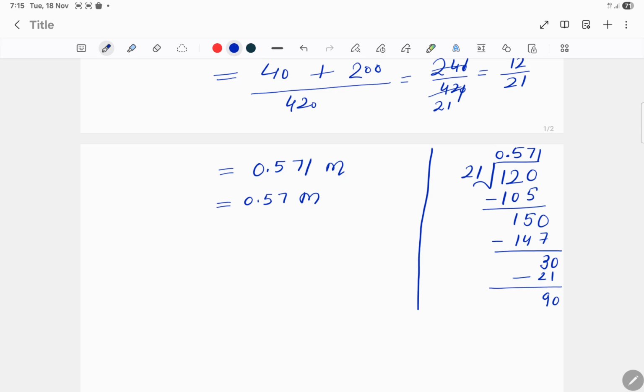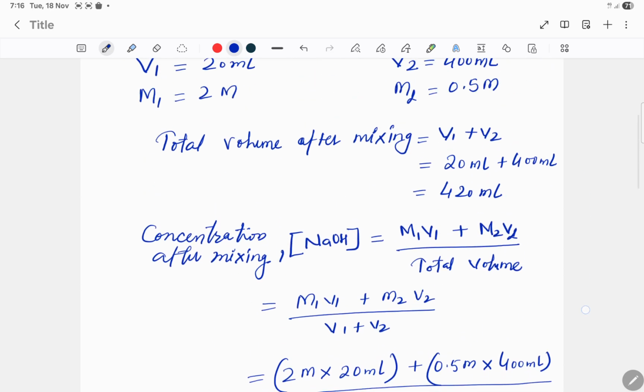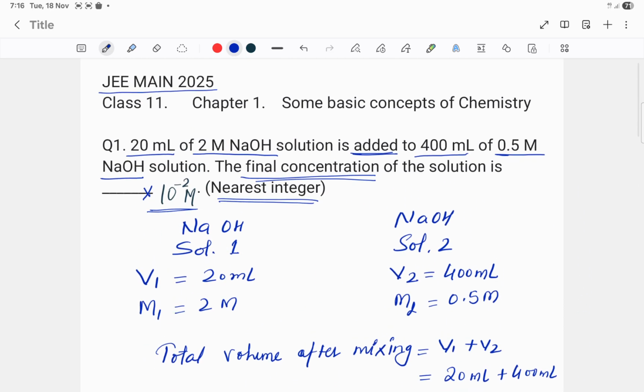Whenever we are rounding it off, 1 can be neglected, and we have to convert it into 10 raised to power negative 2, so it is 57. So this is going to be the answer of this particular question, which was asked in JEE Main 2025.